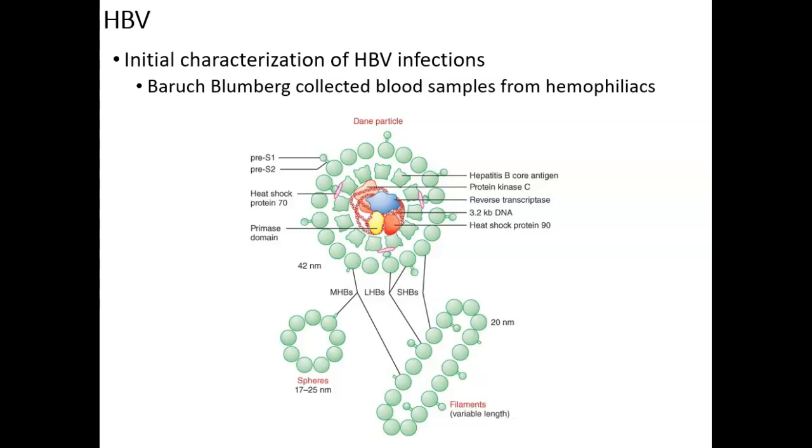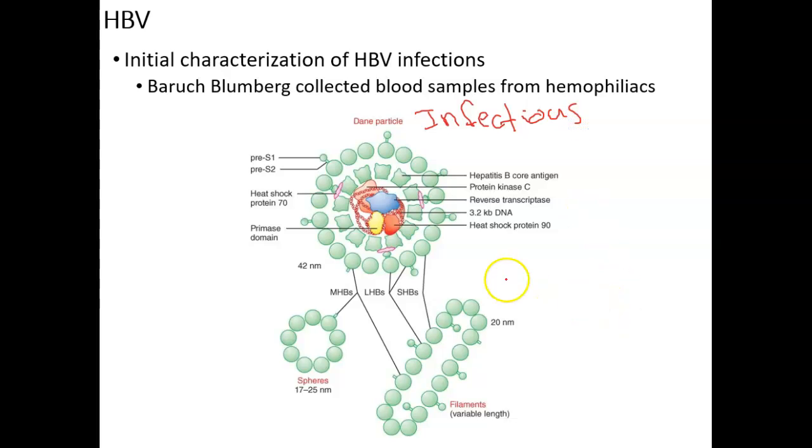With hepatitis B, remember, this is the unique one. This is the crazy virus that has multiple forms during infection, and it's got the reverse transcriptase step. So we've got the Dane particle, which is also just known as the infectious particle.